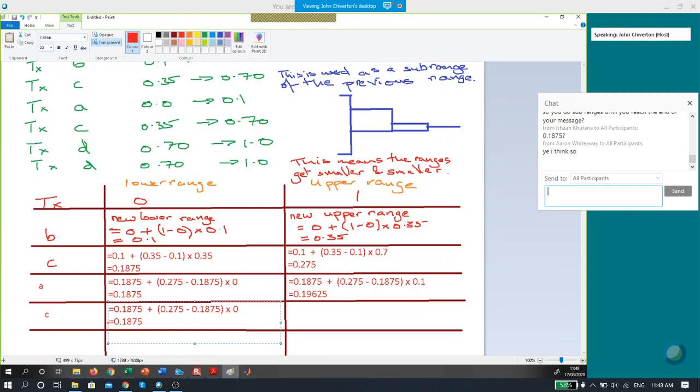Right, so next one, 0.1875. Yeah, that doesn't change, does it? But this upper one does. So that's 0.19625. And now this is for letter C, isn't it? Symbol C, rather. So the lower value is 0.35.